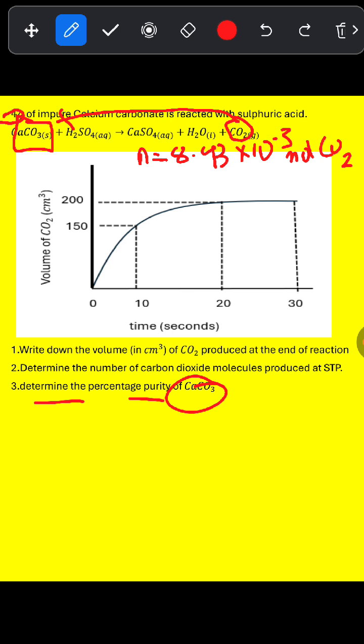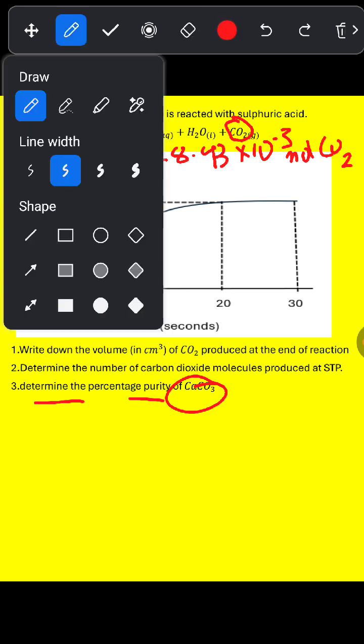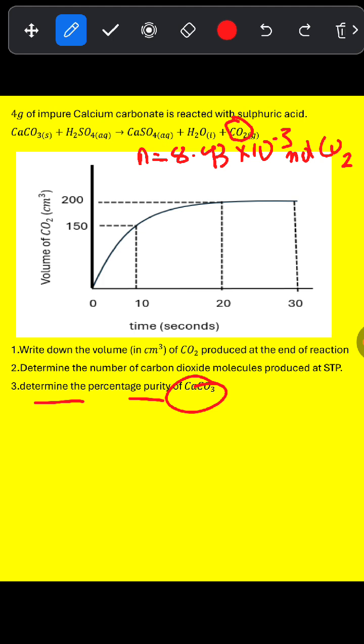So, yeah. Now, what are we going to do? The calcium carbonate in the reaction that we see is pure, but the one in the statement is not pure, it is impure. The mass that you see here is going to be the impure mass.